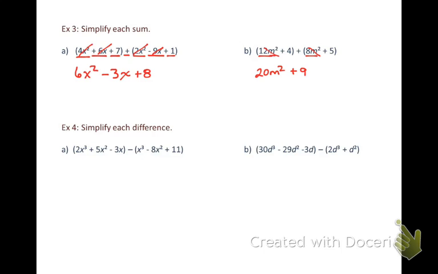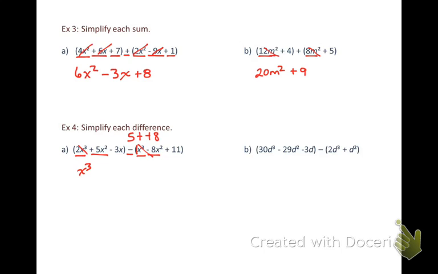Subtraction, same idea, except sometimes you're going to have a negative negative. So that's going to change it. So you're going to go 2x cubed minus 1. There's a hidden 1 there. 1x cubed, or you can take away the 1. And then you have 5x squared minus negative 8x squared. So right here you have 5 minus negative 8.